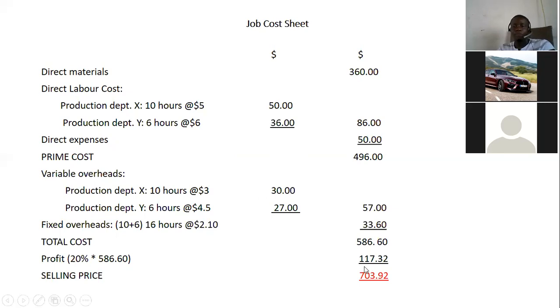To get the selling price, we sum up our total cost and then our profit. So this is our selling price, and that's the end of the solution. This is how a typical question on job costing ought to be presented.